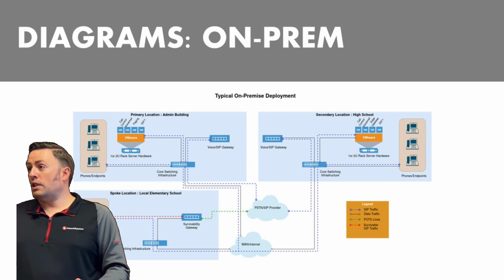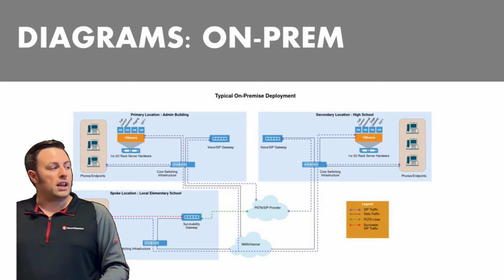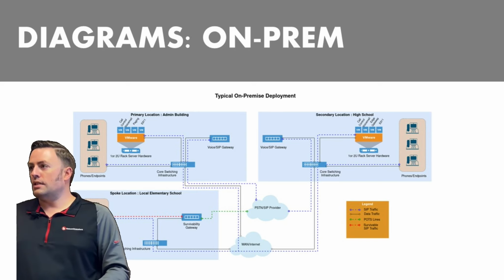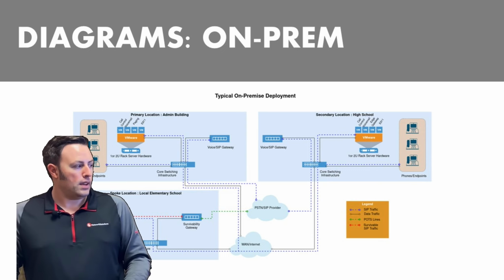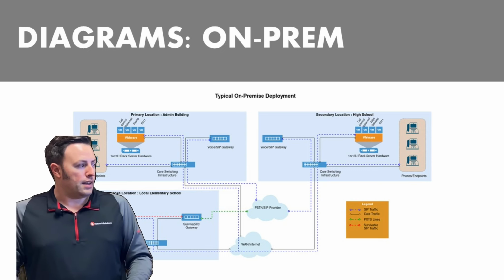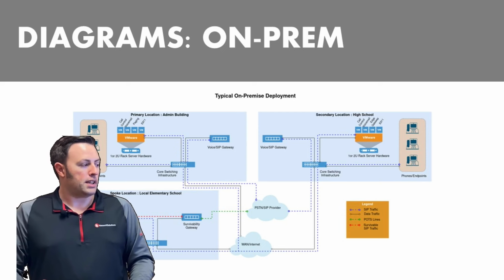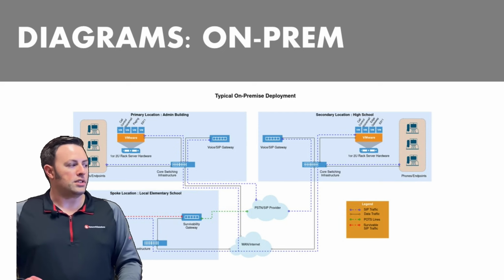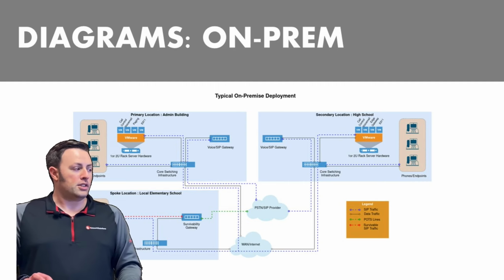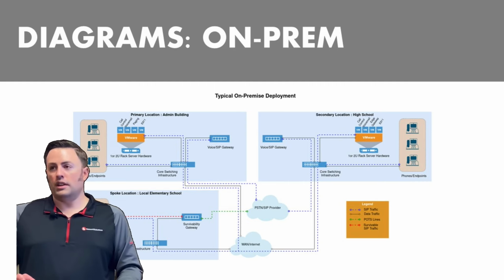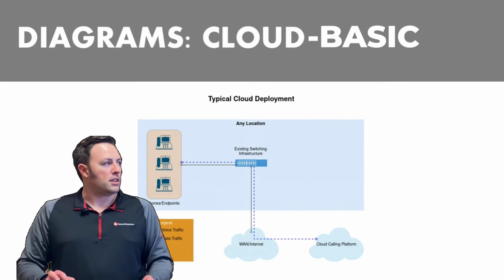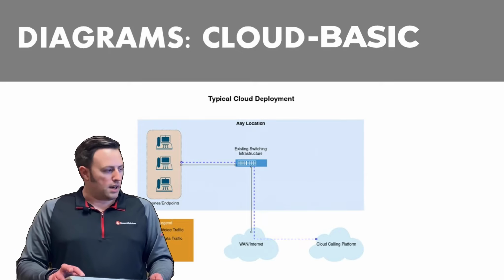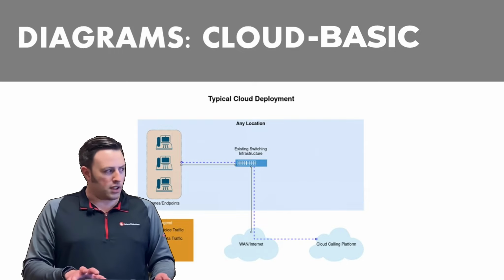Usually there's a flexible licensing model where these two gateways share a pool of licenses, and the same is generally offered by the SIP provider. And here, the local elementary school has this survivability gateway so that if it gets cut off, it can definitely sustain calling internally. Phones can four-digit dial other phones in here, but they can also get some basic calls out.